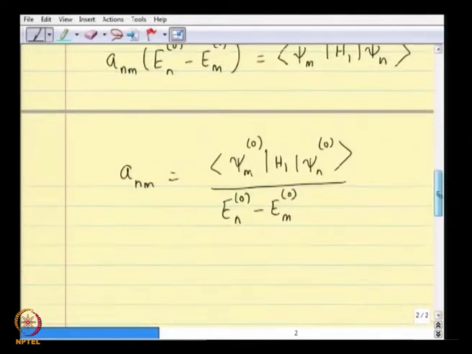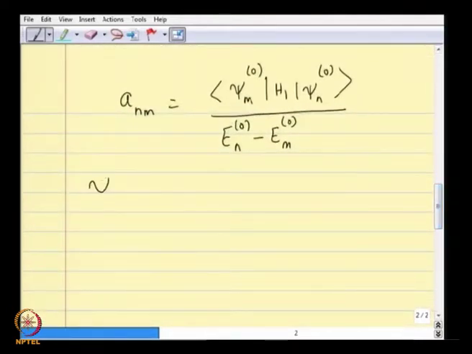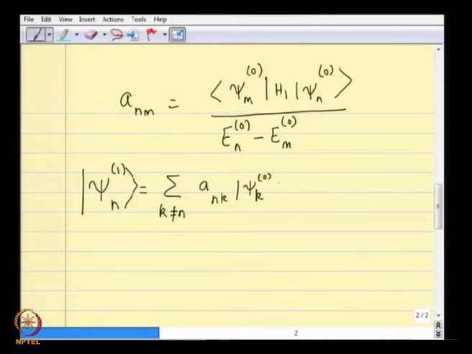So we have a coefficient, and therefore immediately the wave function psi n 1, please remember that the expression we used was k not equal to n, a n k. We use the ket notation. We can start using now from this point onwards psi k 0, but we have the coefficient a n m. I mean the indices n and m. N is of course very specific. The running index is k, so the running index here is m, so it does not matter.